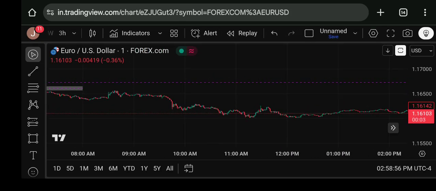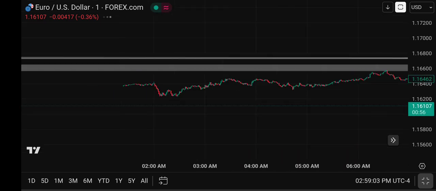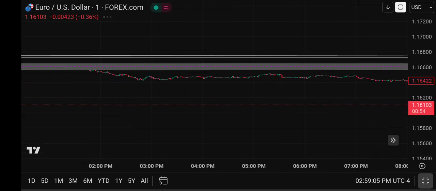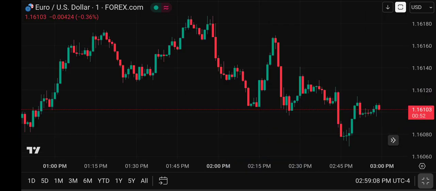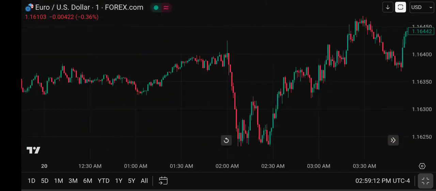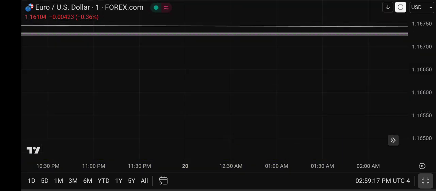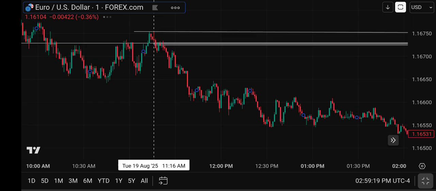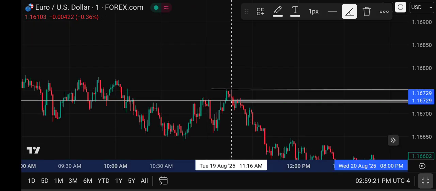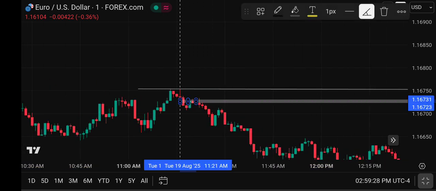So what happened on the minute 1 chart was, you could see a 1 minute bearish fair value gap here.